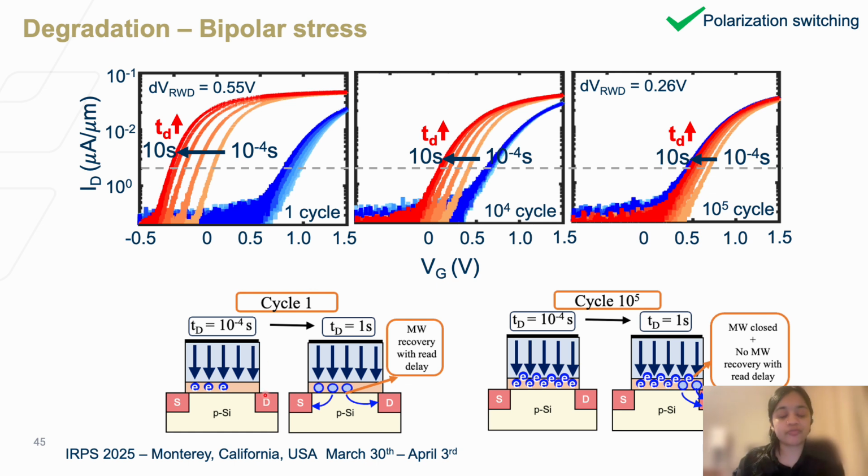So initially we have fast traps that are going away from the interfacial layer and leading to the opening up of memory window. But after we cycle, these traps are not able to recover and lead to a lesser change in the memory window as we increase the read after write delay.